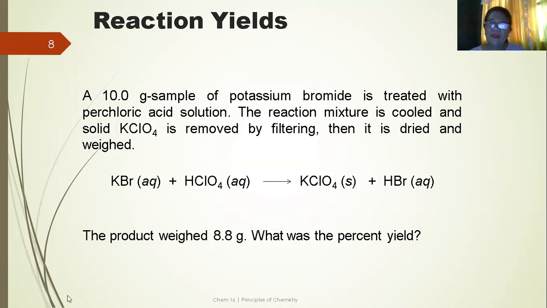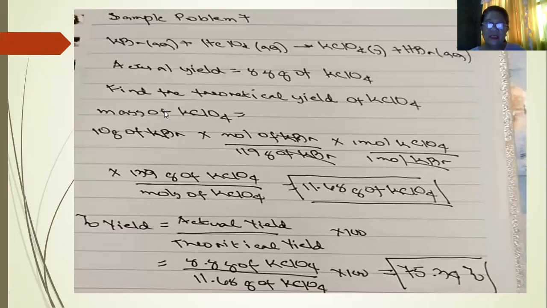So what we have here, the actual yield, this one, the product weight is 8.8 grams. So this is now the actual yield, no? Actually, the theoretical yield is what we need to solve. So how are we going to solve for the theoretical yield? Okay, so here is the sample problem.